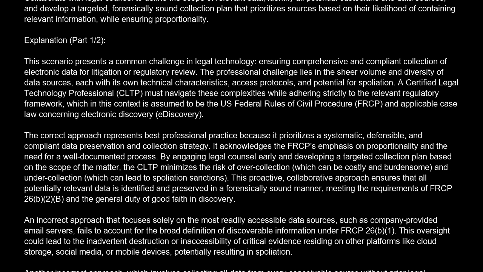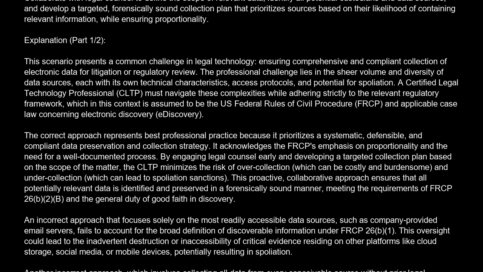By engaging legal counsel early and developing a targeted collection plan based on the scope of the matter, the CLTP minimizes the risk of overcollection, which can be costly and burdensome, and undercollection, which can lead to spoliation sanctions. This proactive, collaborative approach ensures that all potentially relevant data is identified and preserved in a forensically sound manner, meeting the requirements of FRCP 26(b)(2)(B), and the general duty of good faith in discovery.